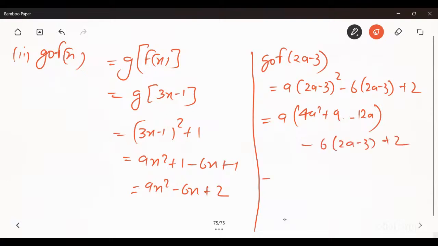Now open the bracket. So you will get 36a square plus 81 minus 36a minus 12a plus 18 plus 2. So now sum up all this.